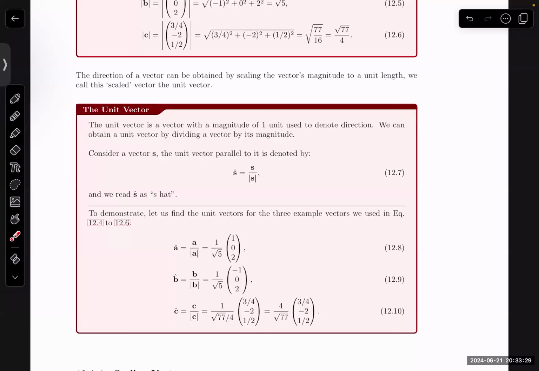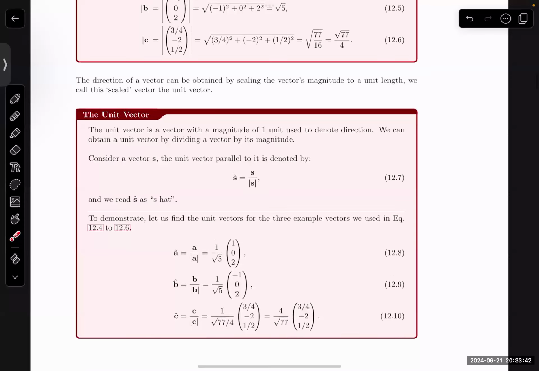So how can I get something that denotes the direction of a vector? The direction of a vector is stored in a unit vector. A unit vector is essentially the same vector, just scaled to unit length, or a length of 1 unit.